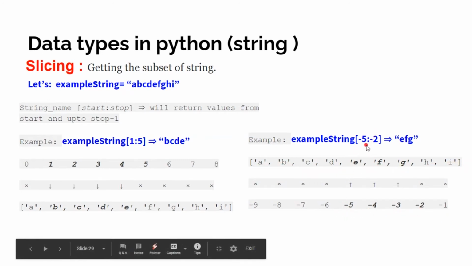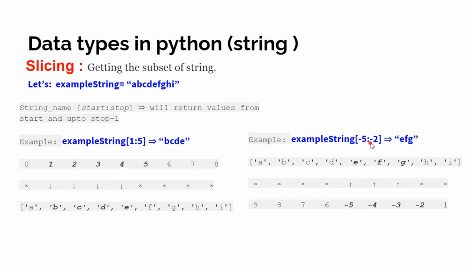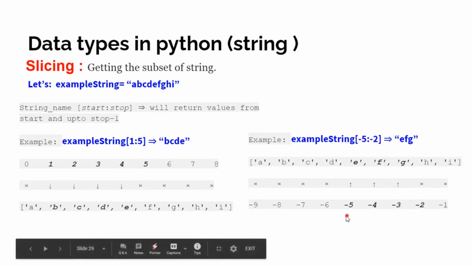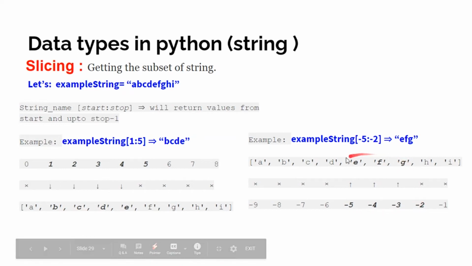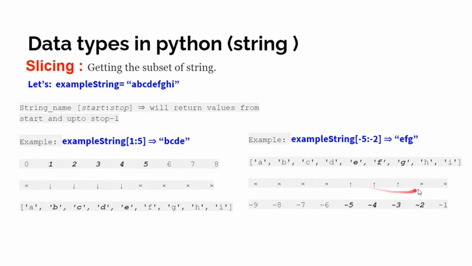So we have written -5 to -2. -5 is this position, so we get E, and we will go up to -2 minus 1, so -3. So -5, -4, -3. So we will get the result EFG. Is this clear, everyone? Okay.